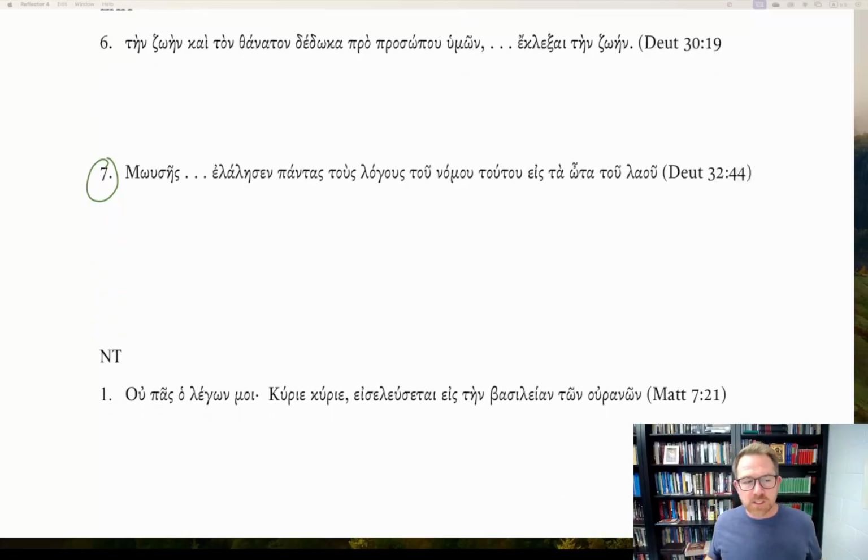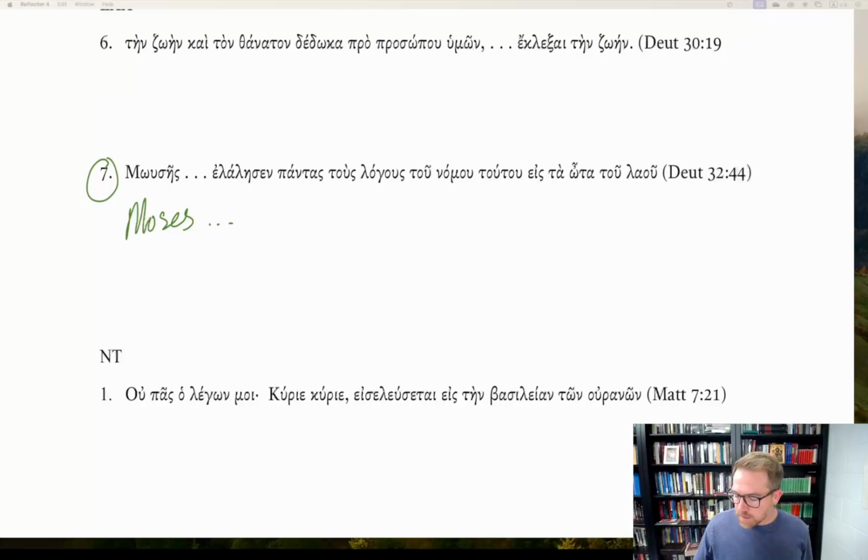This first example from number 7 is an excerpt from Deuteronomy 32:44. I'm going to read it in Greek. Mouses elalesen pantas tous logous tou nomou toutou eis ta ota tou laou. So Mouses, as you would imagine, is Moses.